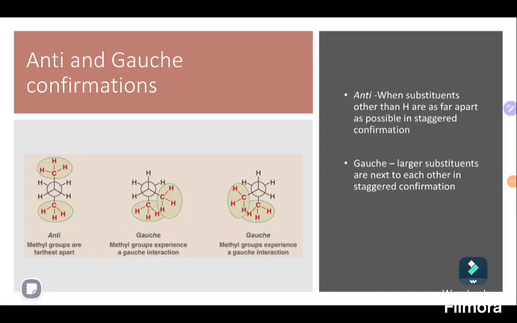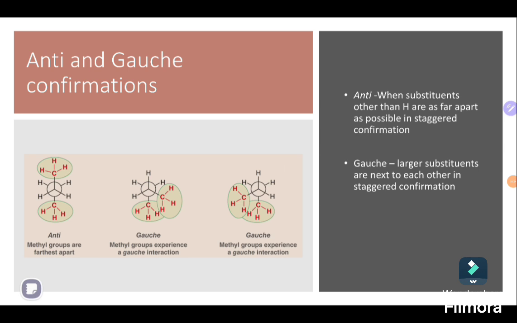Chemists have devised some standardized terminology to describe these different staggered conformations that we see in these molecules. We use a system called anti and gauche conformations in order to make these descriptions. Anti conformations are the conformations that have the larger groups, the groups other than hydrogen, as far apart as possible.